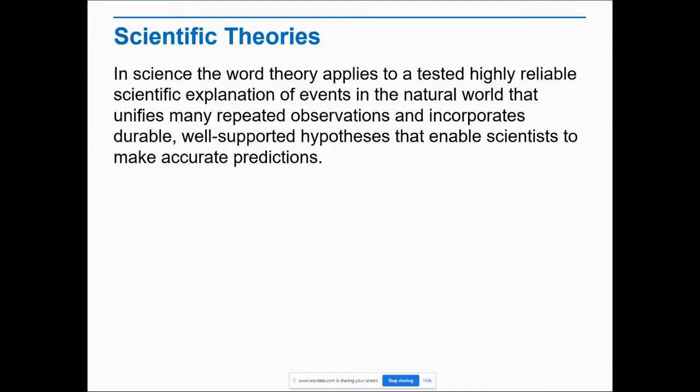As a matter of fact, after a long time of a theory being experimented upon and proven to be true over and over again, it will eventually be considered a law. In fact, the theory of gravity really is a law of gravity, which is a little different than a theory.